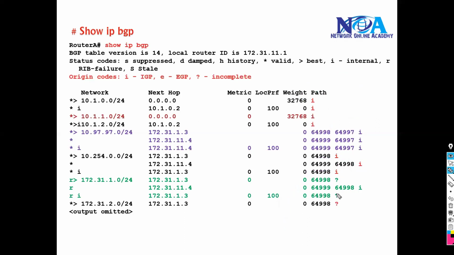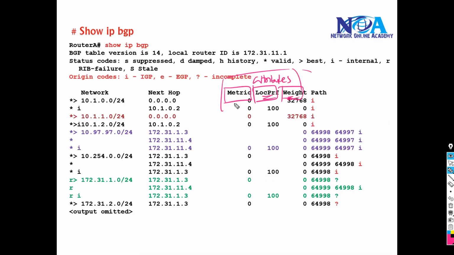Again, remember we discussed the origin code. Question mark represents routes that were redistributed, and I represents routes which are advertised in BGP. Additionally, you will have metric, local preference, and weight attributes. These are additional advanced attributes, and we'll be seeing some of them in the next topics.